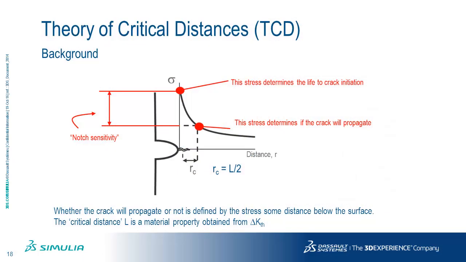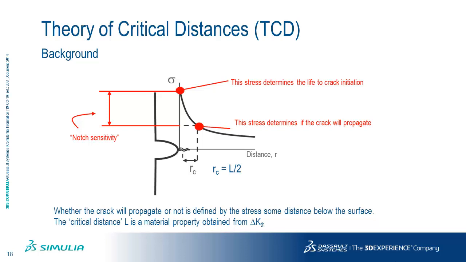So switching to TCD, if you recall, this is the stress at the notch that determines the initiation of cracks. If you sample the stress at the critical distance, this will actually determine whether that crack will propagate.